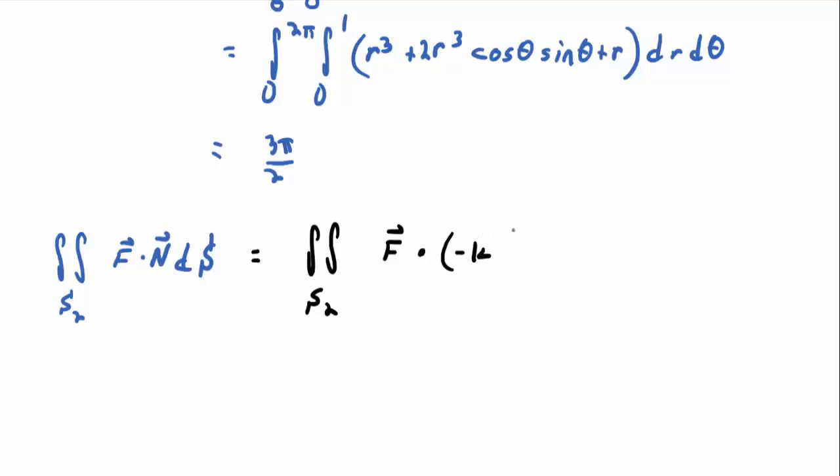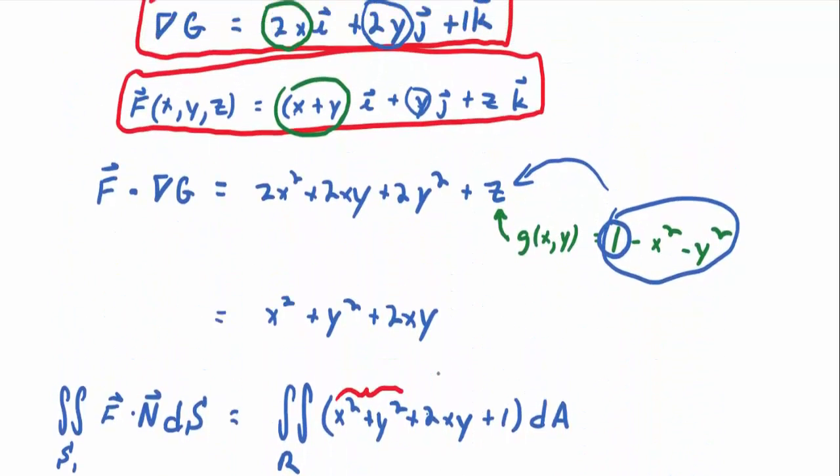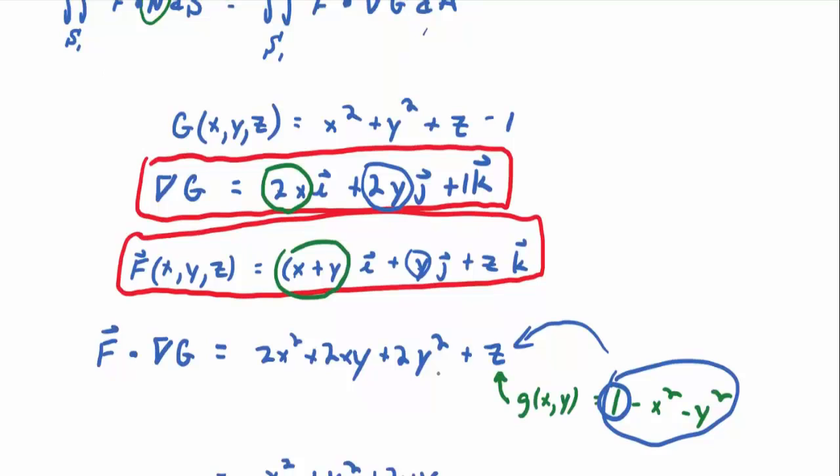I don't need to use the del G formula here. Look, guys, if you actually take this dot product, k is the vector 0, 0, 1, negative k is the vector 0, 0, negative 1, right? What's the k component of f? The k component of f is z.